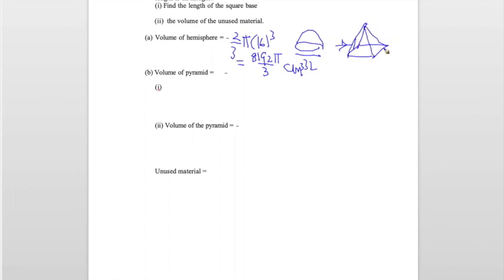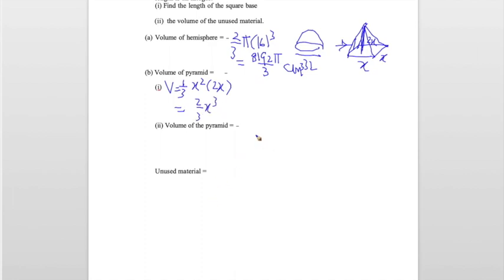So let's say that the side is x, and they say that the height is double that, so the height here is 2x. So the volume of the pyramid is actually 1/3 area of base, which is x squared, times the height, and that gives us 2 over 3 x cubed.